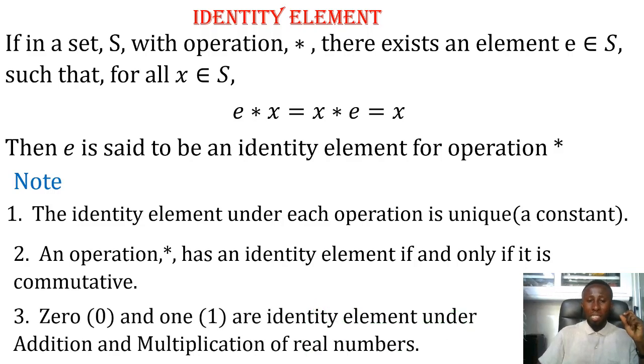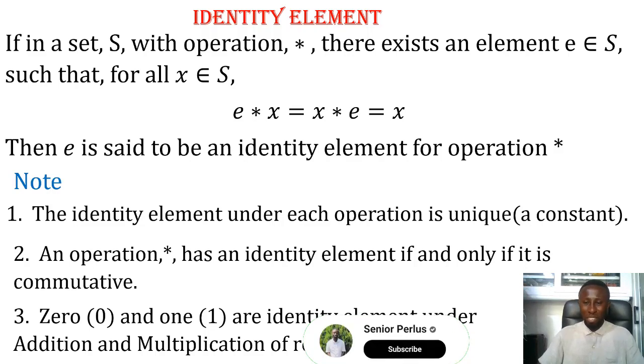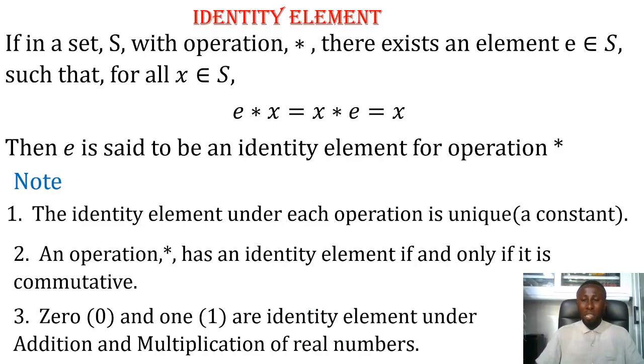0 and 1 are identity elements under addition and multiplication of real numbers. Why are we saying that? In addition, 0 plus 1 is 1, 0 plus 2 is 2, 0 plus 3 is 3.